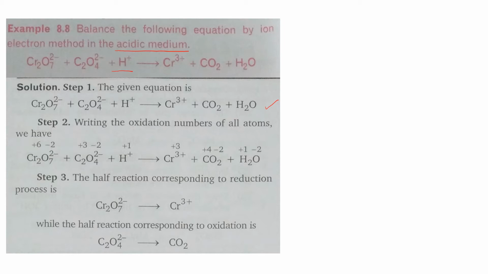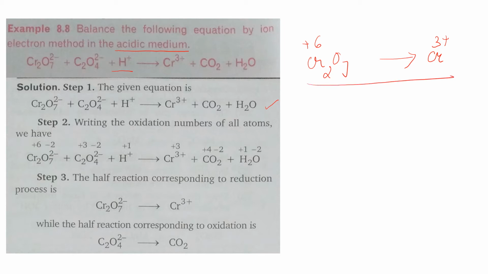Here we can see that in Cr2O7, chromium is +6, and it is going to Cr3+. So that means its oxidation number decreases, so it is undergoing reduction.